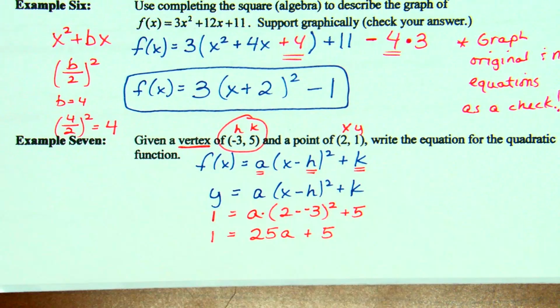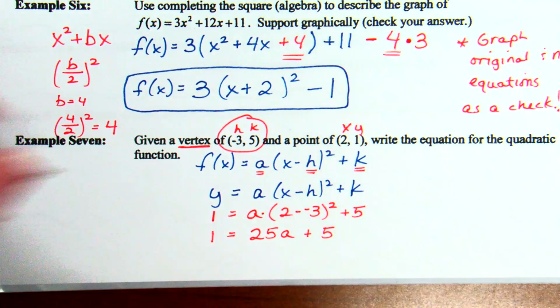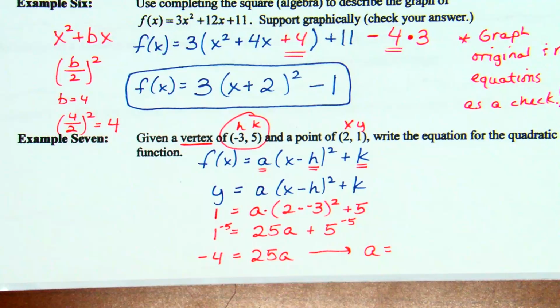Solve for A, right? If it's 25A plus 5, we're going to subtract 5. 1 minus 5 is negative 4. Then I have 25A equals negative 4. So to get A, I'm going to divide by 25.